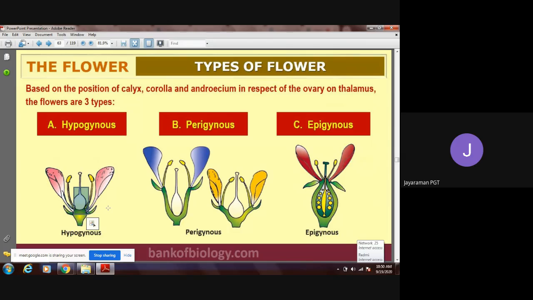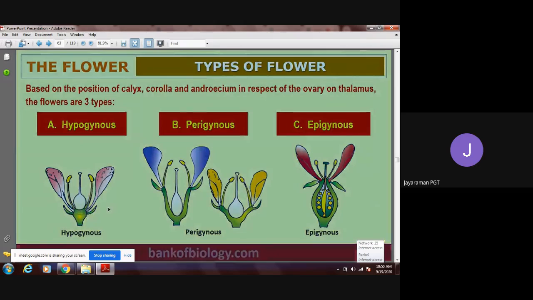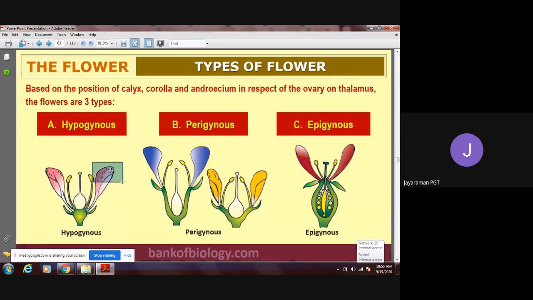Maybe you can see here the petals are at the top, but you should not look at this position. You have to look at the place of origin in the thalamus. Other floral parts arise below the gynoecium. The main part of the gynoecium is the ovary. You look below the ovary, where the other floral parts arise. So gynoecium is up and the flower parts are down.